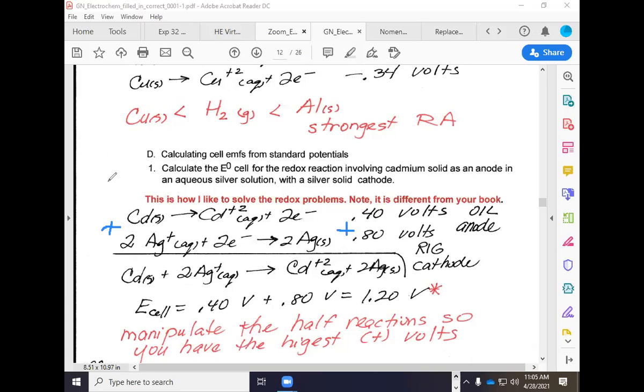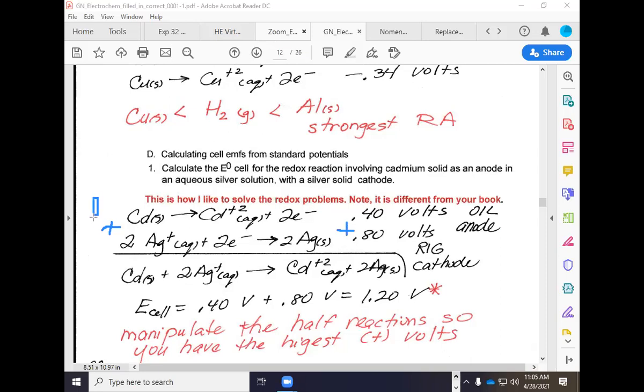Professor, what do the 2 plus signs do? Oh, okay. So the way that I do this is I look at that table in your book and then I'm just going to add up my half reactions. Let me see if I can box this.